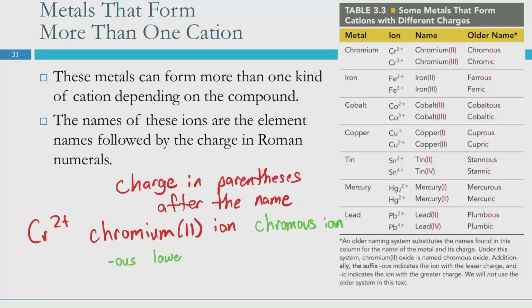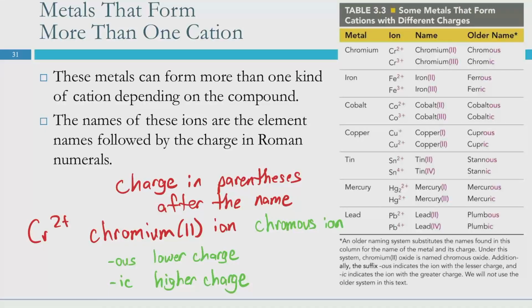So OUS is the lower charge. IC is the higher charge. I'd like to point out that the OUS and IC endings do not include all of the possible ions. So chromium, for example, can also form chromium 6. We don't have an older notation version of that ion name.